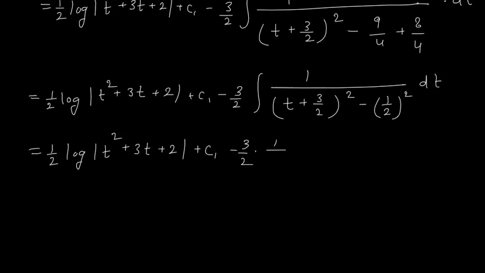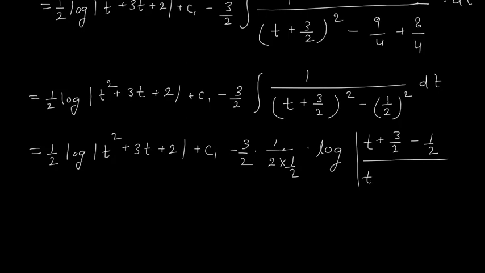So here I will write 1 upon 2, and in place of a we have 1 upon 2, into log of x minus a, that is t plus 3 divided by 2 minus 1 divided by 2, upon x plus a, so that is t plus 3 upon 2 plus 1 upon 2.